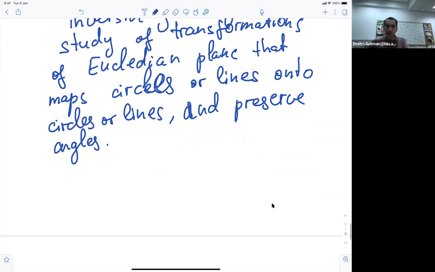So we didn't study geometry, we studied complex analysis, and we focused on the conformal mappings. And what we discovered naturally is inversive geometry. And this is a very rich branch of mathematics, of geometry.